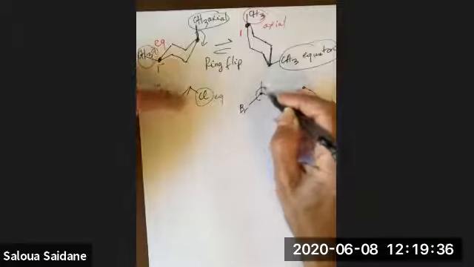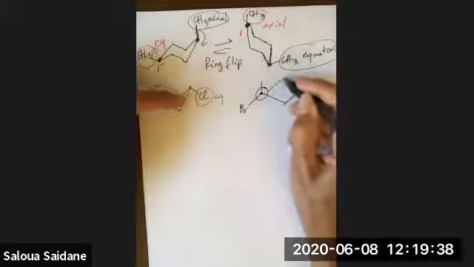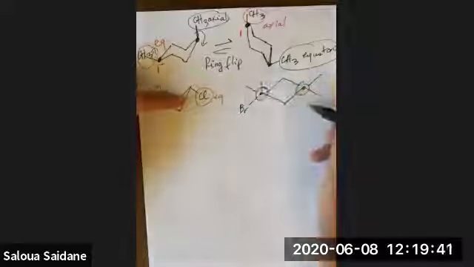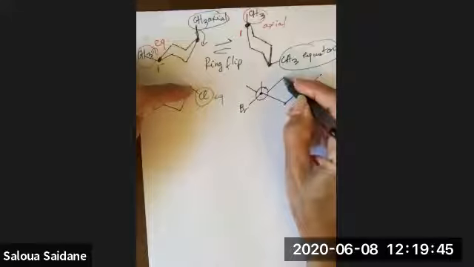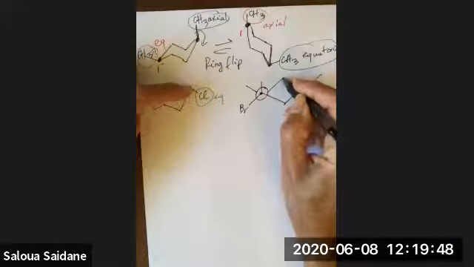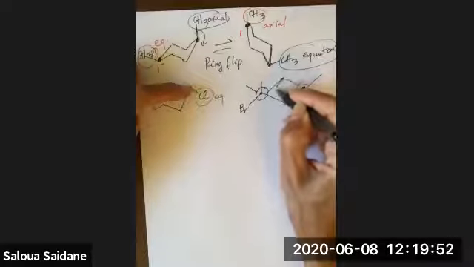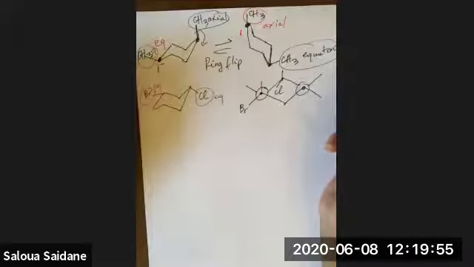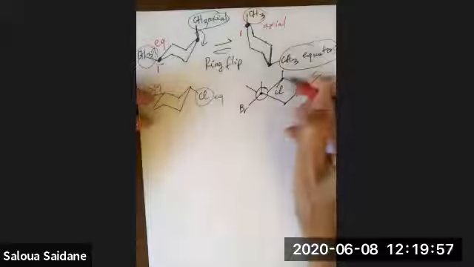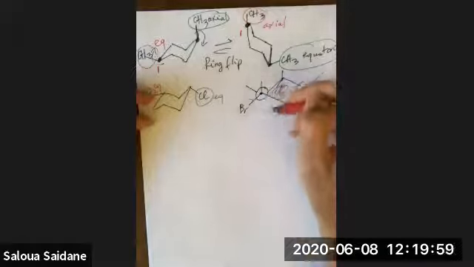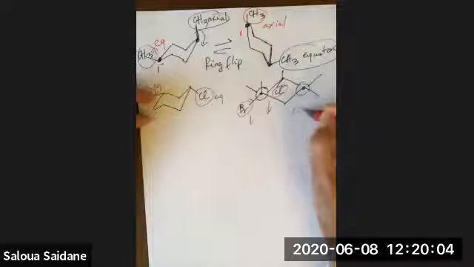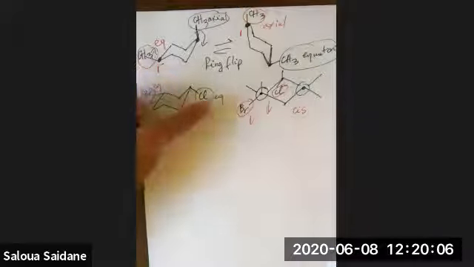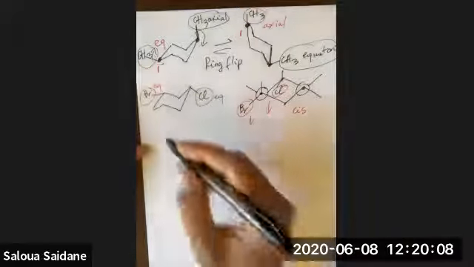Now behind it, it's that inverted M, and you see the chlorine here is on top, and it's in the equatorial, which is not up here, it's down here. So what does it tell us? Both of them are at the bottom. They're pointing down. So this is definitely a cis.